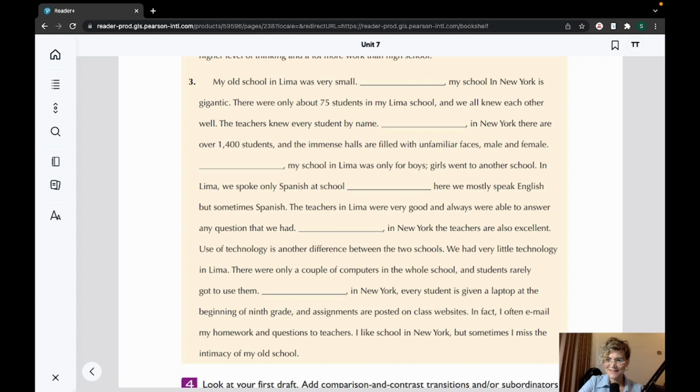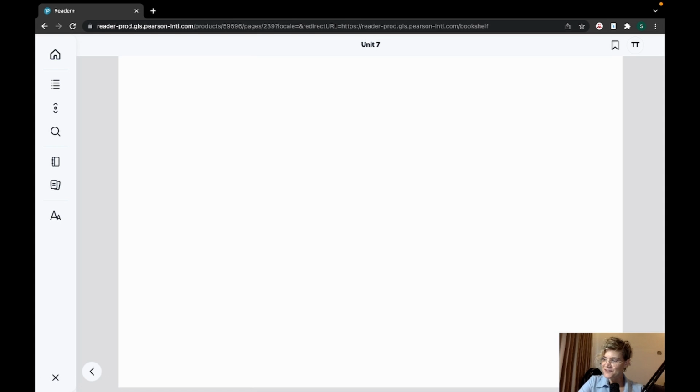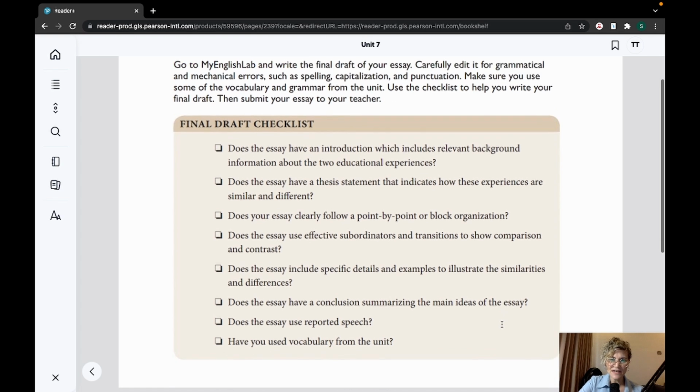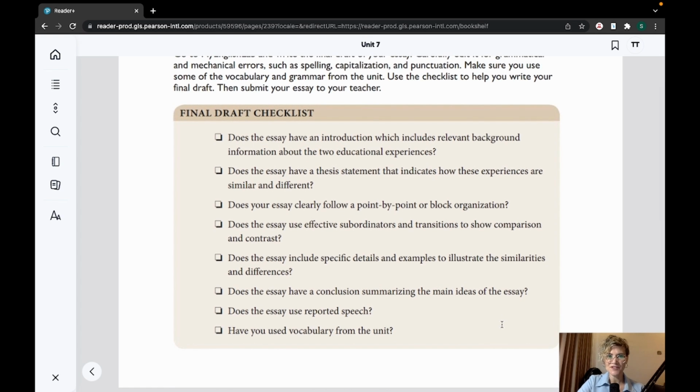So good. Let's look at our final draft checklist. 1. Does the essay have an introduction which includes relevant background information about the two educational experiences? 2. Does the essay have a thesis statement that indicates how these experiences are similar and different? 3. Does your essay clearly follow a point-by-point or a block organization? 4.